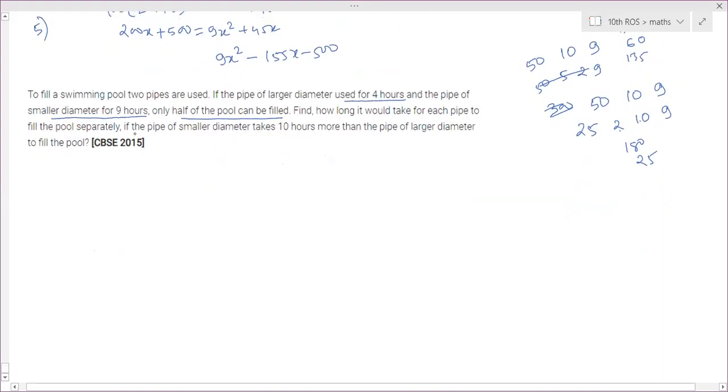So here we have to consider that the smaller diameter pipe takes 10 hours more than the pipe of larger diameter. For what purpose will we use X? Larger diameter: the time taken by the larger diameter pipe to completely fill the tank is X hours.